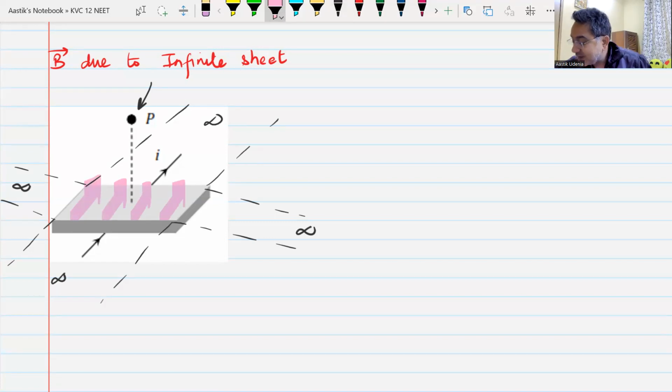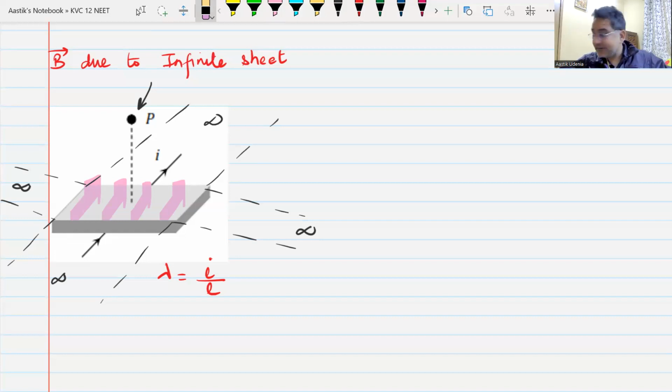Now the answer that we are going to write will not be in the form of the current, it will be in the form of lambda, which is current per unit length. If I call the length of the sheet as L, it is very large, but let me call it L. This lambda is the current per unit length.